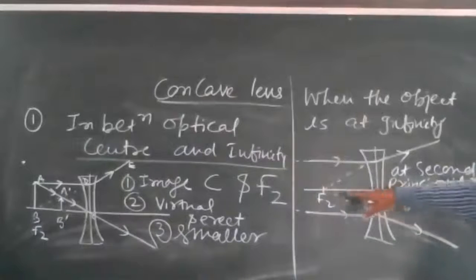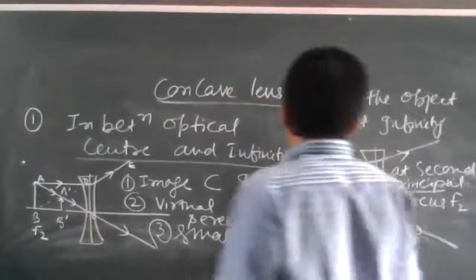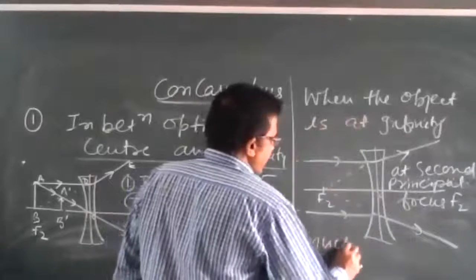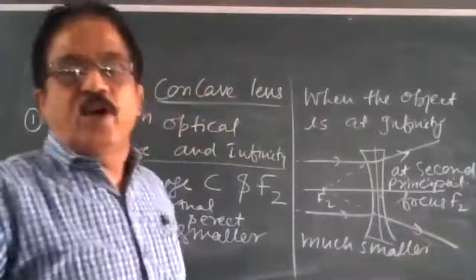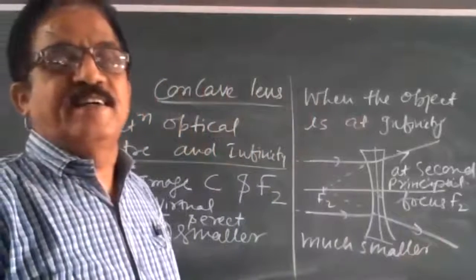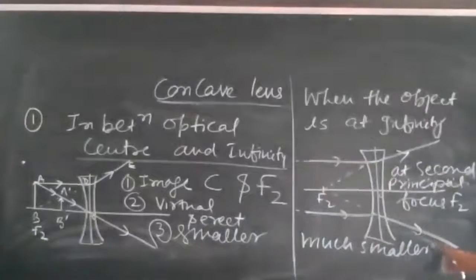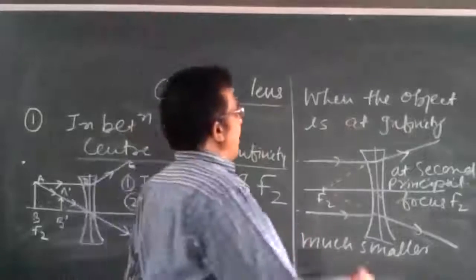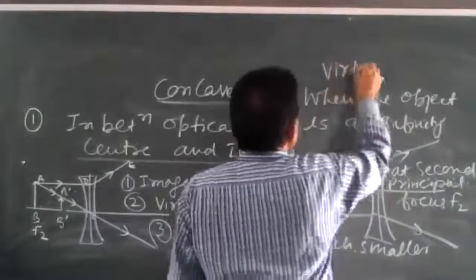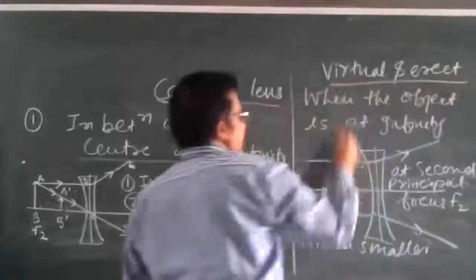We can see like this, much smaller than the object. And the third one is virtual and erect.